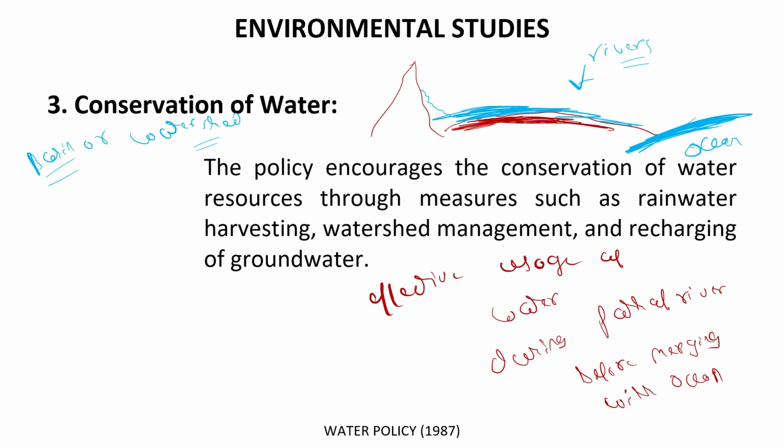Because once it is discharged into the ocean, this fresh water will be turned into salt water. So if we are able to use the water before this process, that is watershed management. All right.